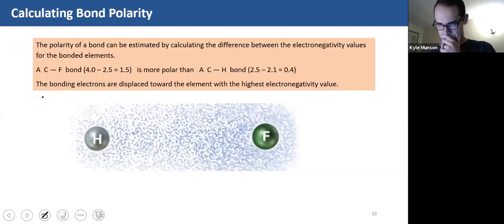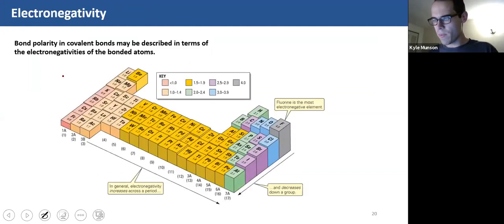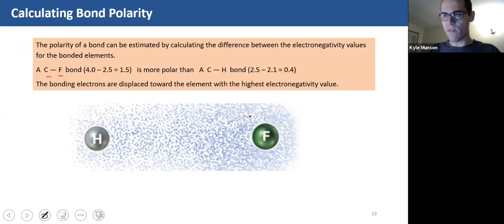The polarity of a bond can be estimated by calculating the difference between the electronegativity values for the bonded elements. For example, if we had a carbon and a fluorine bonded together, you go back to the table, you look up the electronegativity value for fluorine, which is 4, and carbon, which is 2.5, and you take the difference, and that gives you a value.